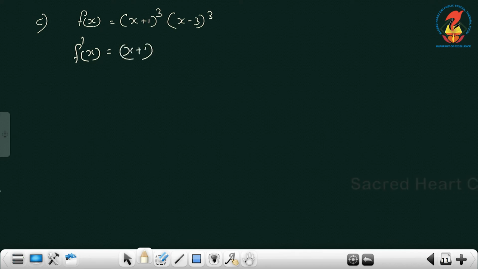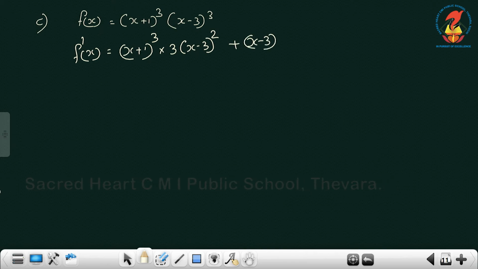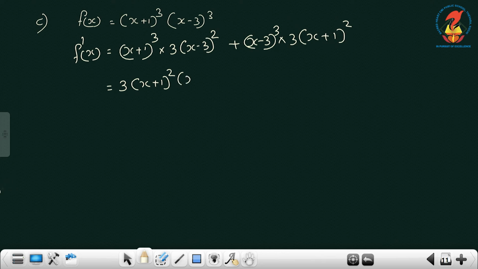First function into derivative of second. Derivative of second means 3 into (x minus 3) whole square into derivative of x minus 3, that is 1, plus (x minus 3) whole cube into 3 into (x plus 1) whole square into derivative of x plus 1, that is positive 1. Now 3 is common, (x plus 1) whole square and (x minus 3) whole square, this much is common.